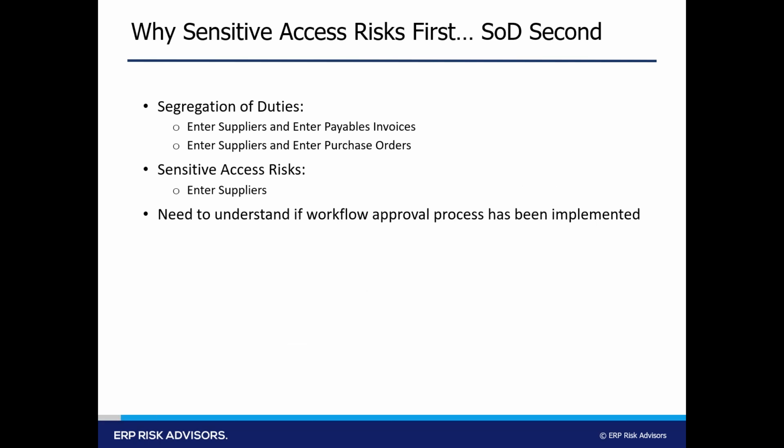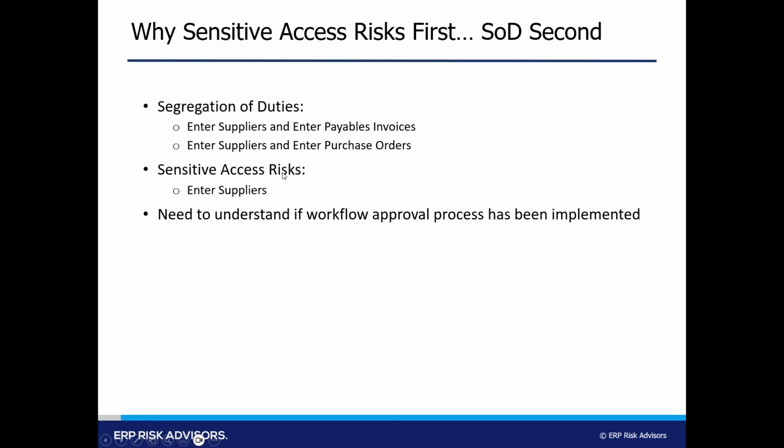So sensitive access risks are very important, and as I talk about why sensitive access risk first and SOD second, I'm going to go through an example here. If I'm looking at SOD risks, so if I'm looking at enter suppliers and enter payables invoices, or enter suppliers and enter purchase orders, and I think of that as my primary risk from a fraud perspective, and I don't think about sensitive access risk, enter suppliers in and of itself, then I'm missing a risk associated with enter suppliers.